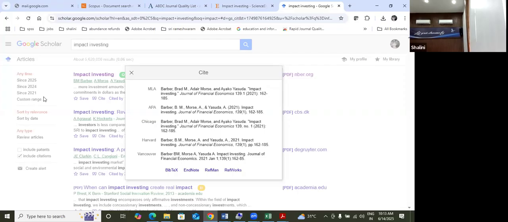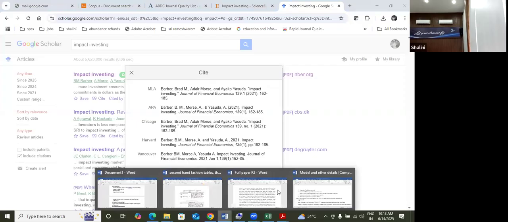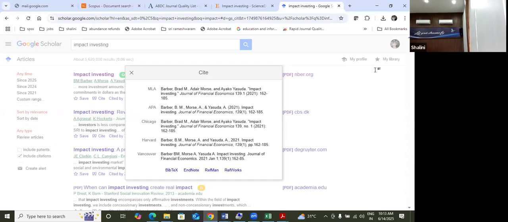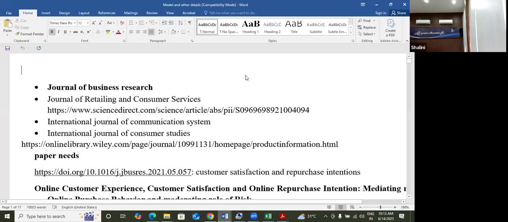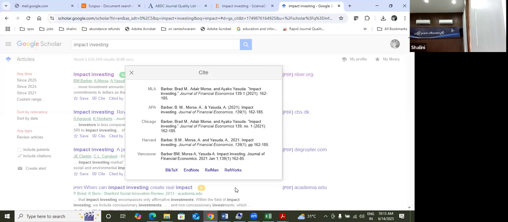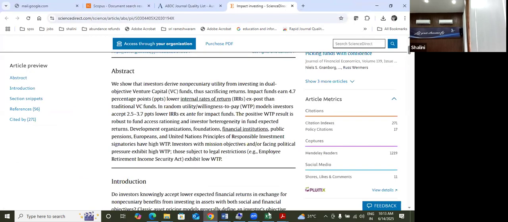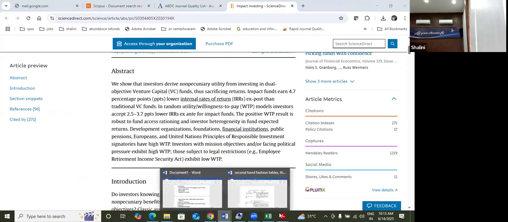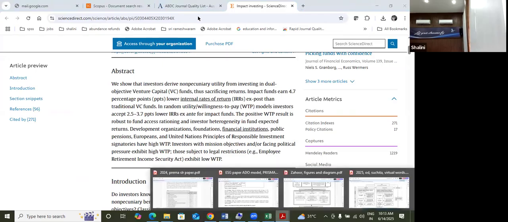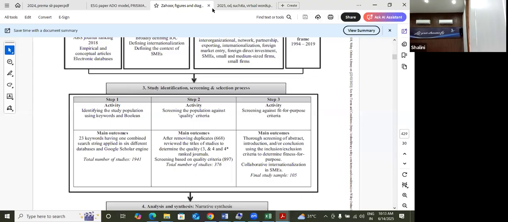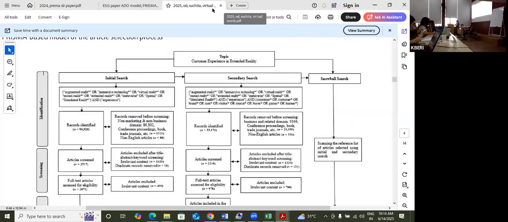What are the different objectives? Let me close this down, and close this paper as well. Let me close down the unimportant papers. Here is the Prerna paper.